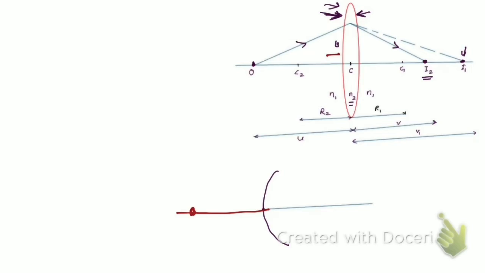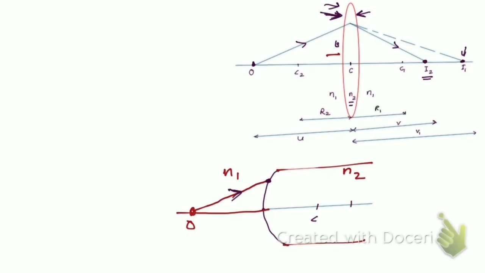Now you see, this is the object O, this is the medium with refractive index n2, and this is with refractive index n1. This light is going, this is the denser medium. This light is traveling and it strikes at this point, and this is the center of curvature.